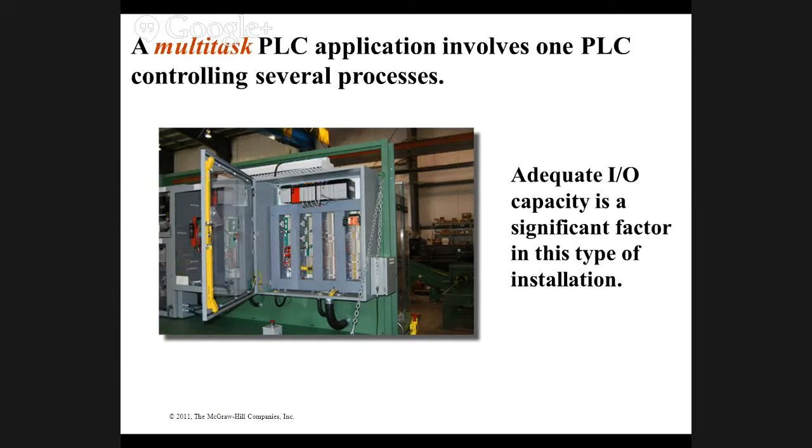You assign I/O to half the plant and the other half of the rack to the other half of the plant. You see that big rack right there at the top? That actually could have two processors in it. One processor could run one machine and the other processor could run the other machine. They can share I/O. All right? So it's multitasking. It has enough computational power that it can run multiple things at once.